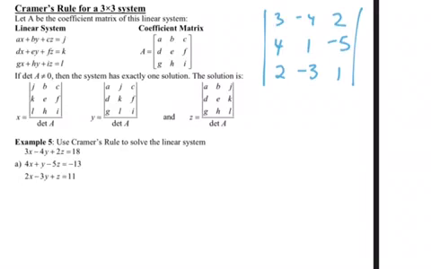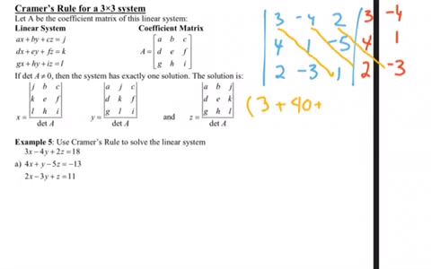So remember, I take the first 2 rows and I copy them back outside so that I can go on the diagonals.